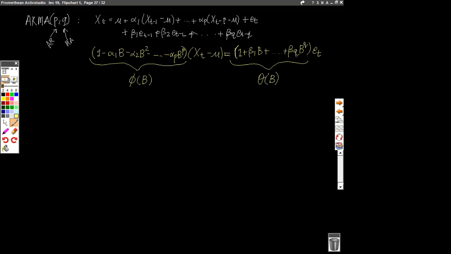What do you guys think should be the conditions for my ARMA process to be stationary? Anyone? Same, the mean and variance should be constant. Right, the mean and the variance should be constant.